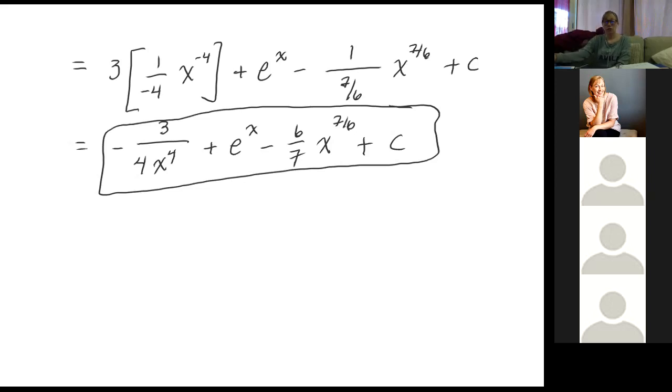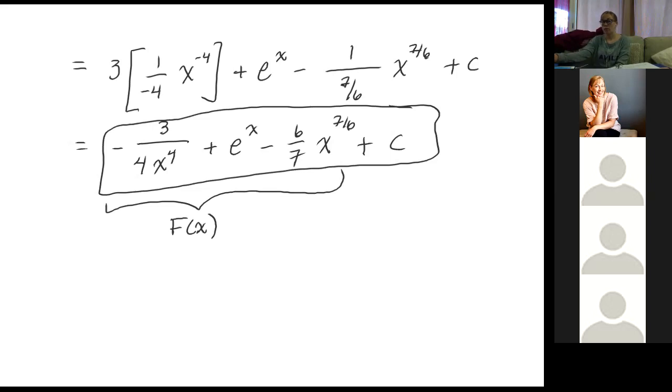And you could actually check yourself on this. Remember, I'm going backwards. I'm finding my primitive, or my antiderivative, F of x.